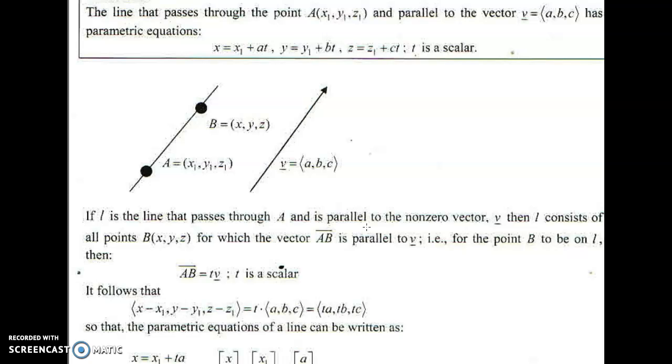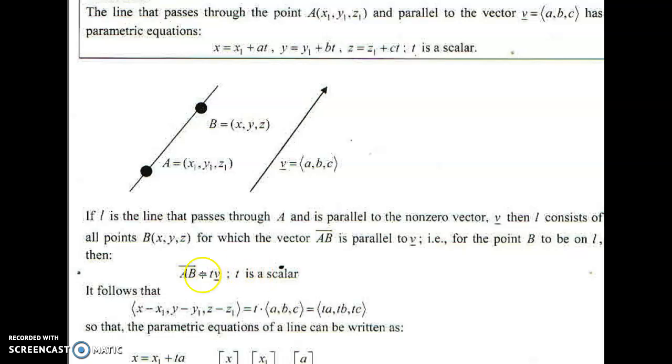However, remember they are just parallel, not the same length. So we can use the concept of parallel here in the form of an equation: the vector AB, which we get from this line, should be equal to t times V. Why do we have t here? Because it indicates the scalar.